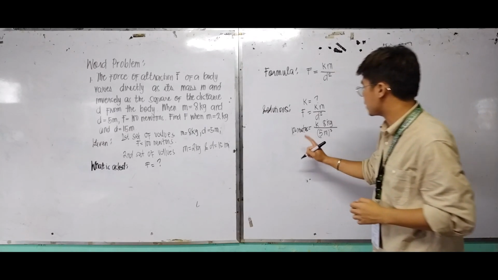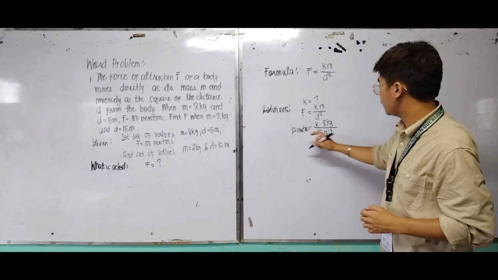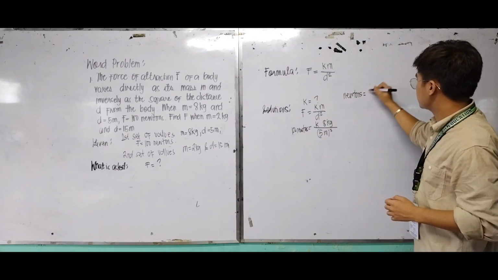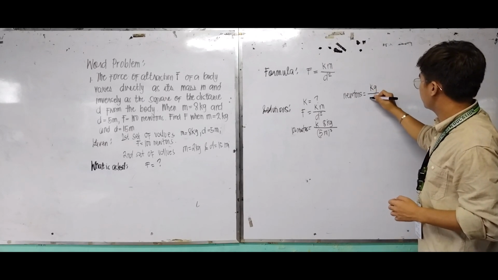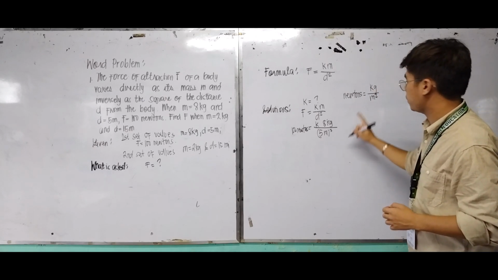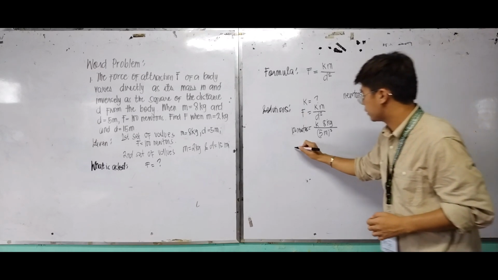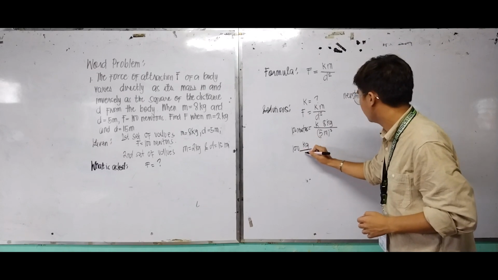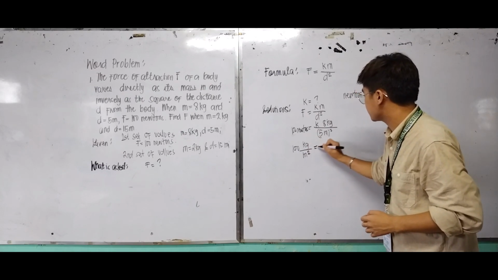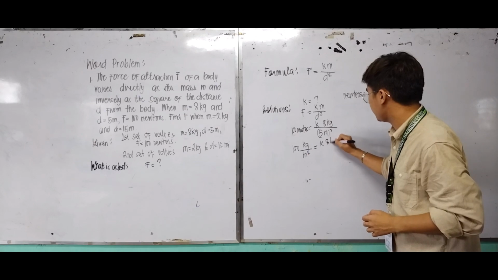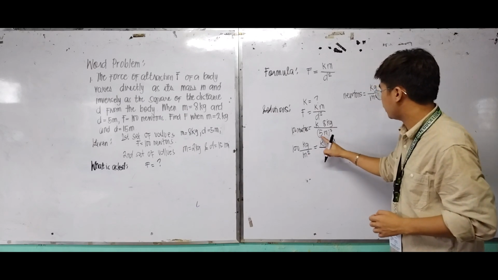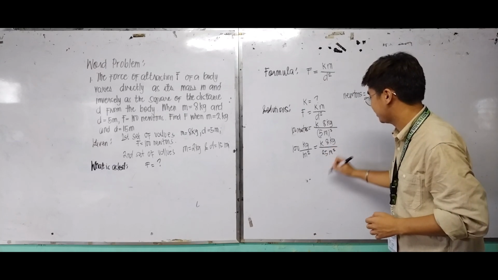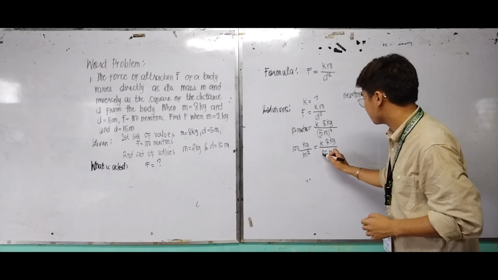So we have here, we will change the value of the newton, which is equal to kilogram meter over second squared. So we have K times 8 kilograms over 5 meters squared, so we have 25 meters squared. And then now cross multiply.